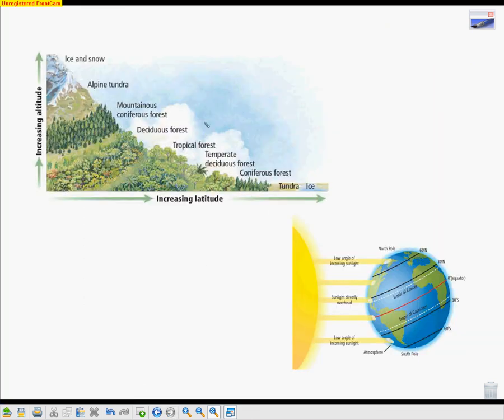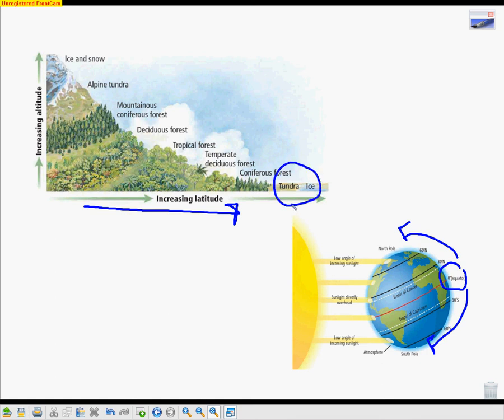I really like this picture that your textbook uses, and I want to explain it to you by looking at this picture that we talked about earlier, because here's our 0 degrees equator. Alright, and if you increase your latitude, so increasing latitude would be going like this, because you start at 0, 30, 60, same way this way, 0, 30, 60, you go to a tundra ecosystem.